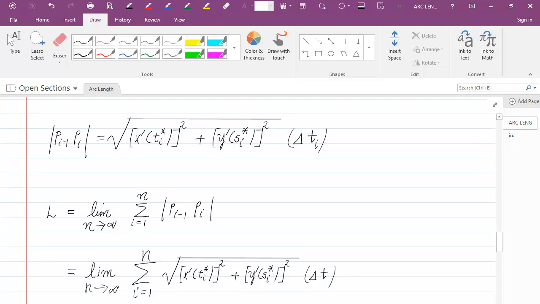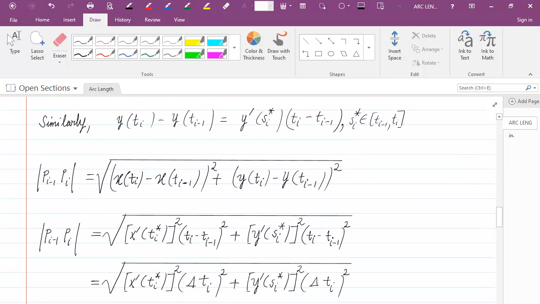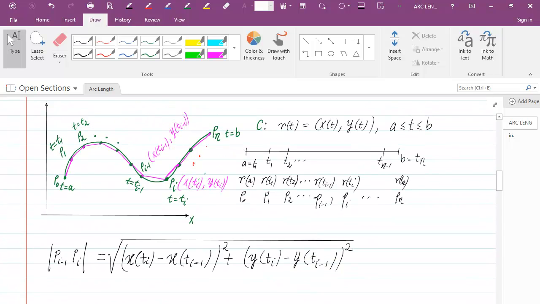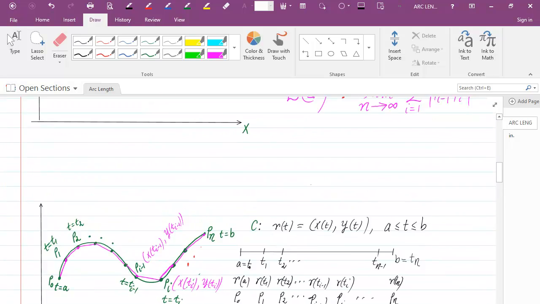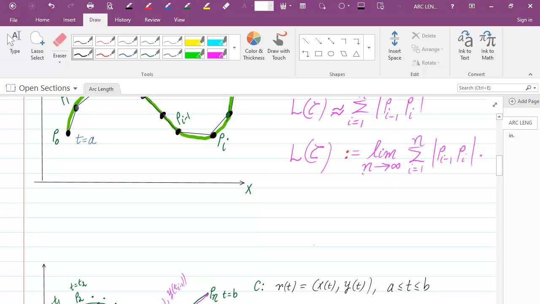Now, if you recall, the length of the curve is the limit as n goes to infinity of this sum. We have computed the length from p_{i-1} to p_i, so we're going to replace the expression that we got here.